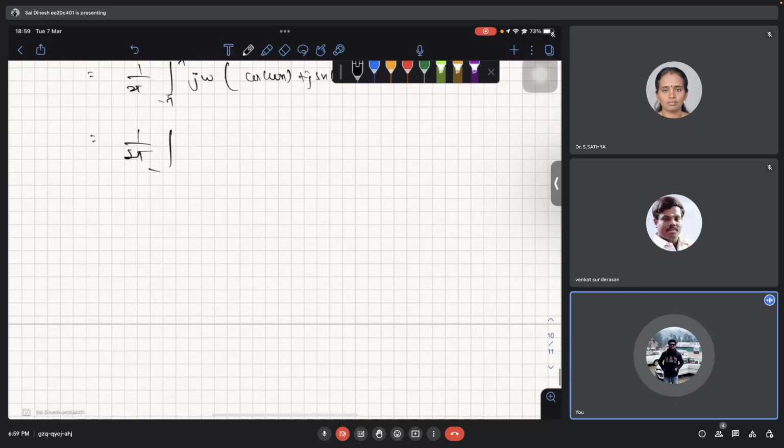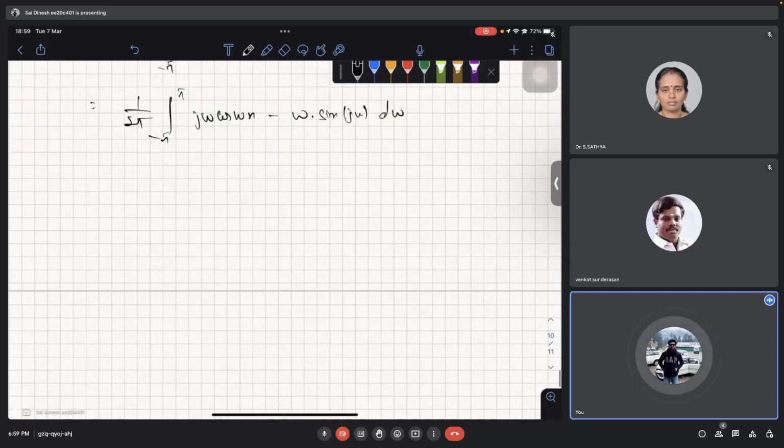So now what you're left with is jω cos ωn minus ω sin ωn dω, right? If we integrate this over the cos ω, it will go to 0. So what you're left with is 1 by 2 pi, integral from minus pi to pi of minus ω sin ωn.